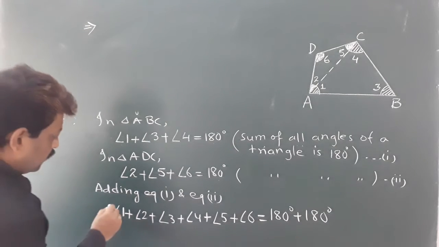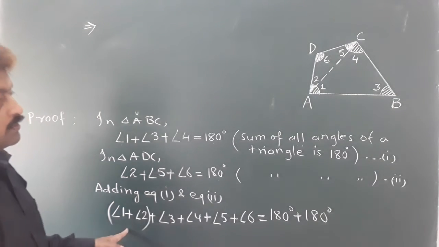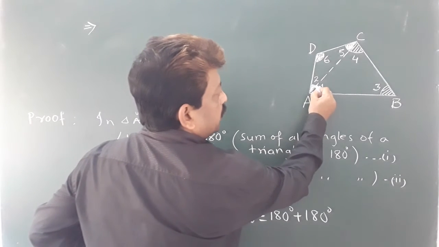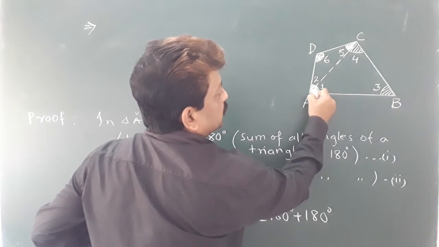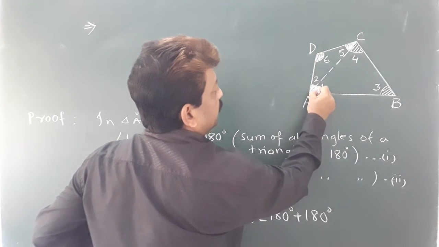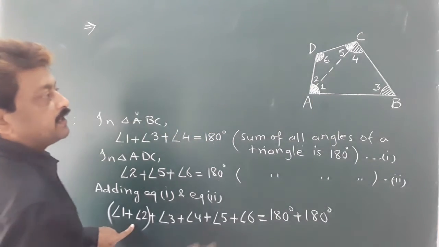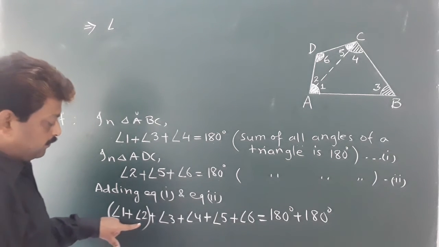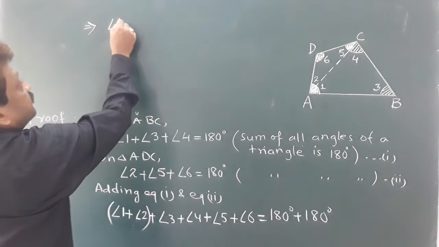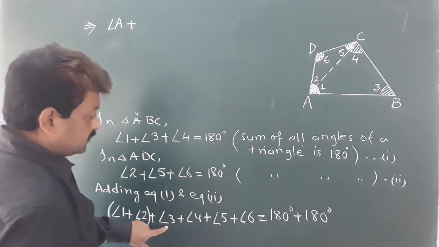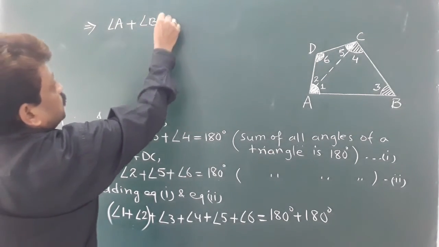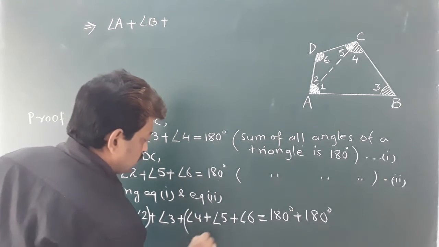Now see, angle 1 plus angle 2. See the figure. What is angle 1 plus angle 2? It is the whole thing. That is, angle 1 plus angle 2 is actually angle A. So in place of angle 1 plus angle 2, I can write angle A. What is 3? 3 is angle B. What is 4 plus 5?